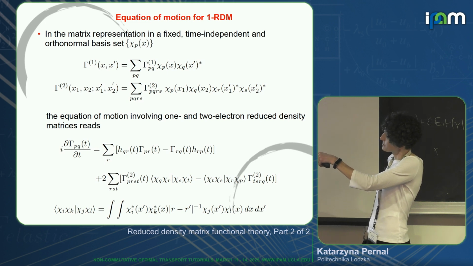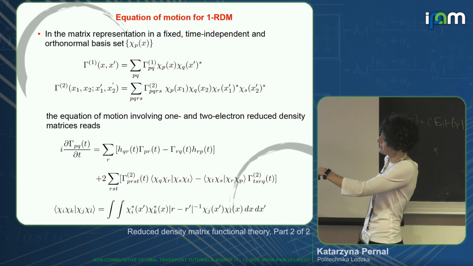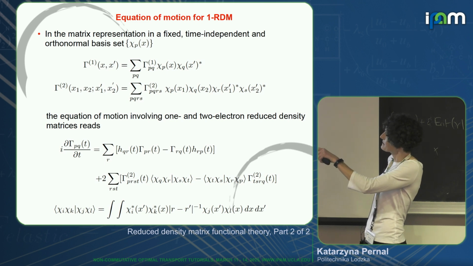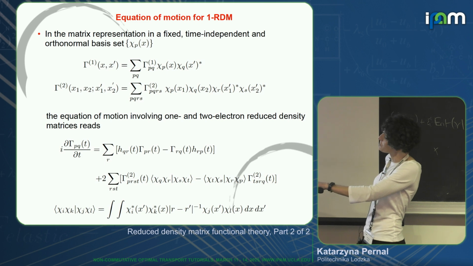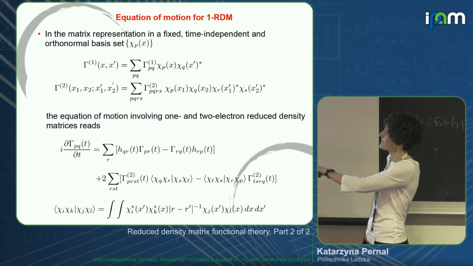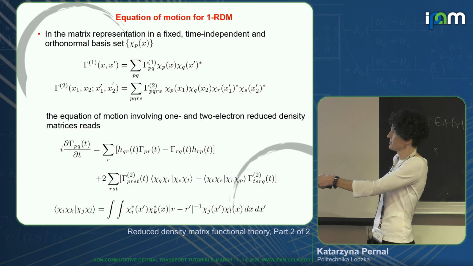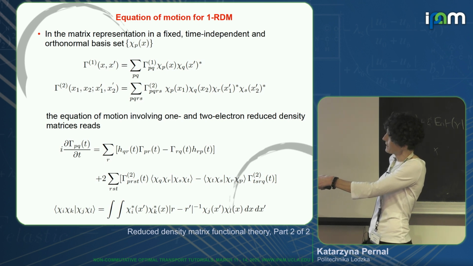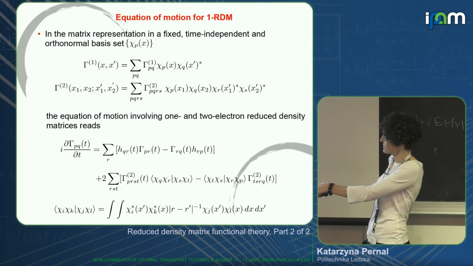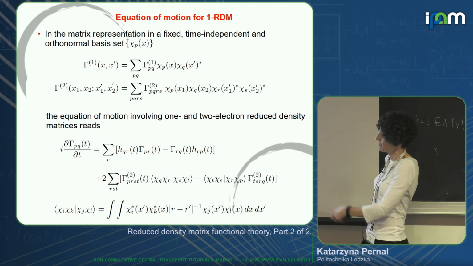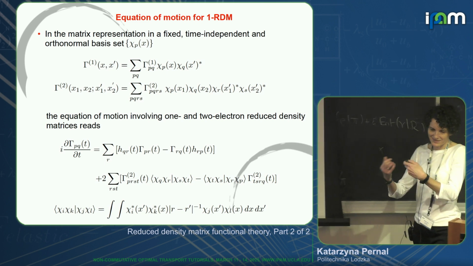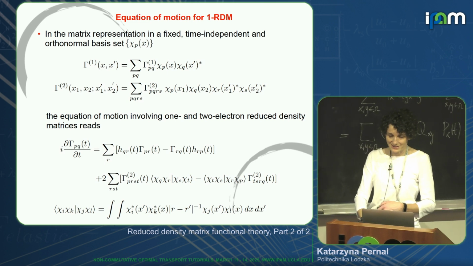So in the matrix representation, in the given basis set, the equation of motion takes the form given here. So we have the time-dependent 1-RDM and also the 2-RDM, but we keep in mind that this time-dependent 2-RDM is given by the 1-RDM. It's a functional.